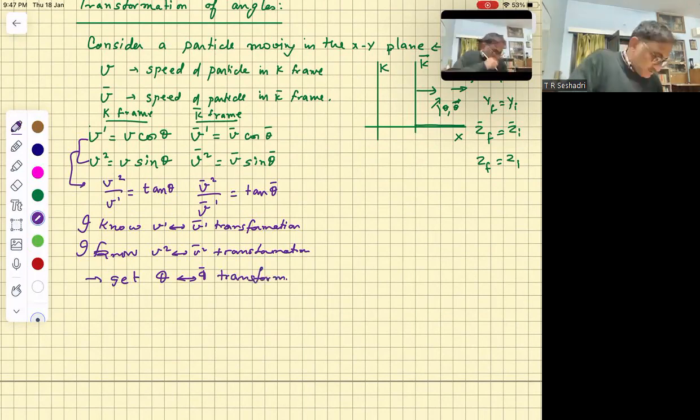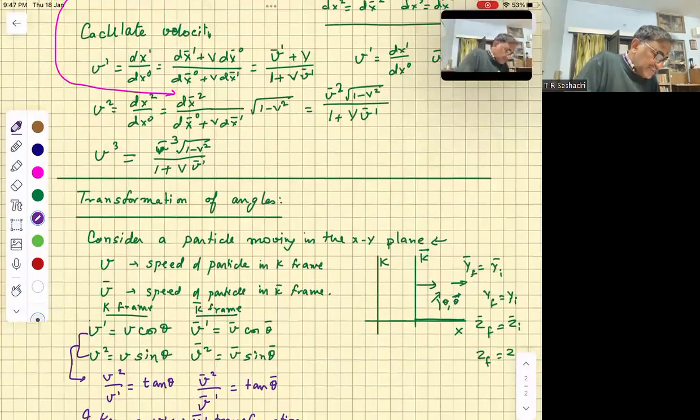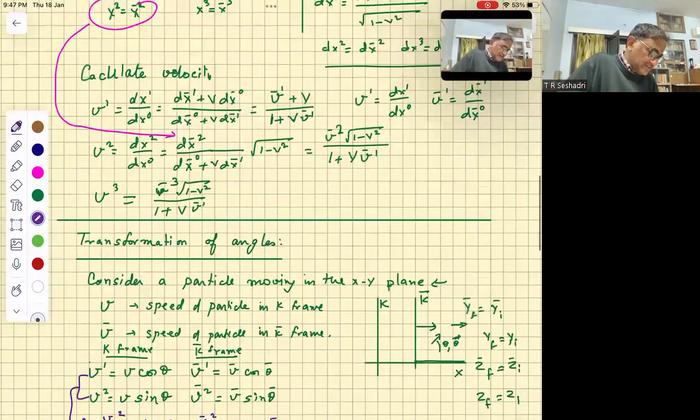So how do we do this? Now I will use the relationships of velocities which we just derived.